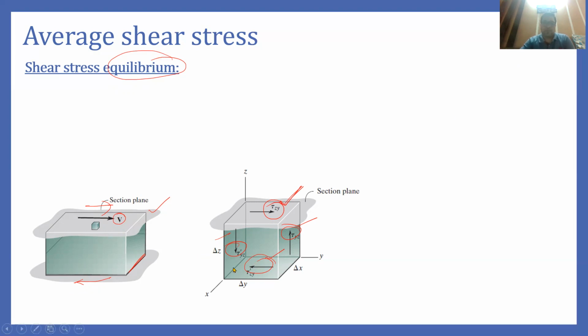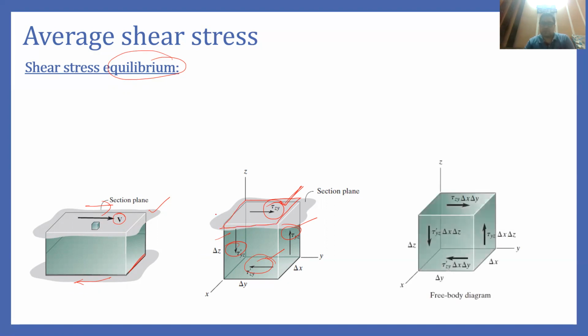Now, if we want to find the shear force on this area, we can do so. Here we can find the stress over this whole area. That will be tau zy multiplied by the area of cross section.